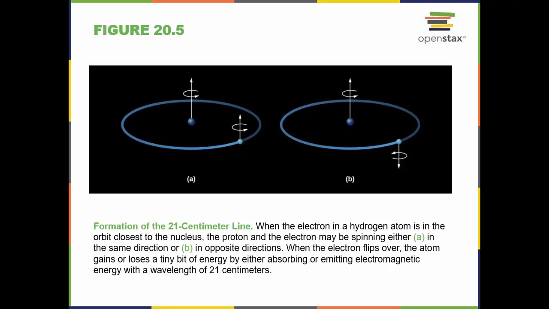When an electron in a hydrogen atom is closest to the nucleus, the proton and electron may be spinning in the same direction or the opposite direction. When the electron flips over, the atom gains or loses a tiny bit of energy by absorbing or emitting energy with a wavelength of 21 centimeters. This explained one of the lines that we were seeing.